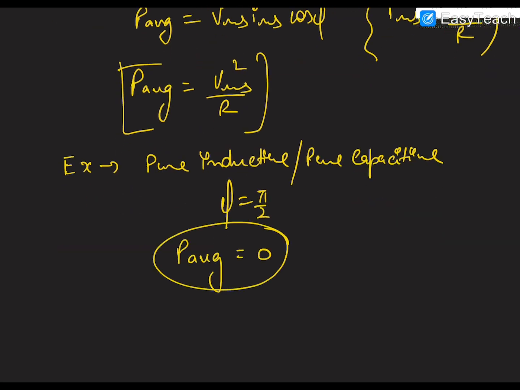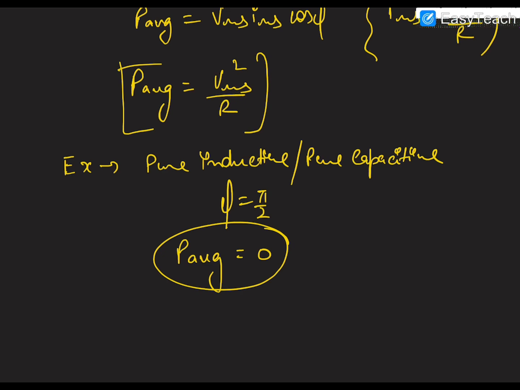This is very evident, as we have already discussed that in pure inductive or capacitive circuits, the devices used are capacitance and inductance, which are known to store energy, not to develop heat. So obviously the average power loss in those circuits in a full cycle will be 0.